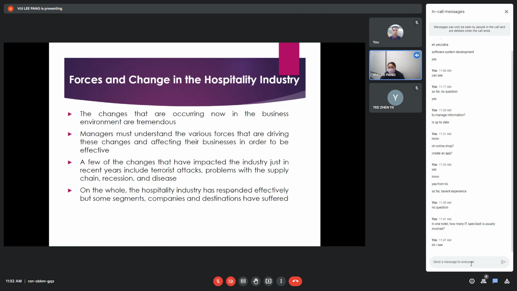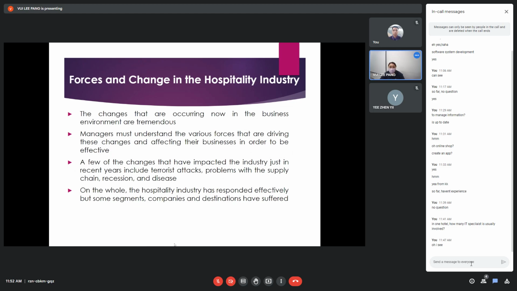A few changes have impacted the industry just in recent years. The recent changes are because of the pandemic, and then the problems with the supply chain, recession, and diseases as well. On the whole, the hospitality industry has responded effectively, but some sub-segments, companies and destinations suffer very much.